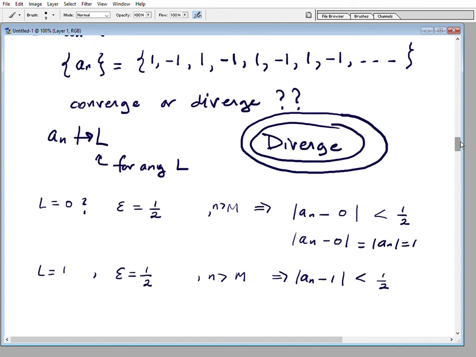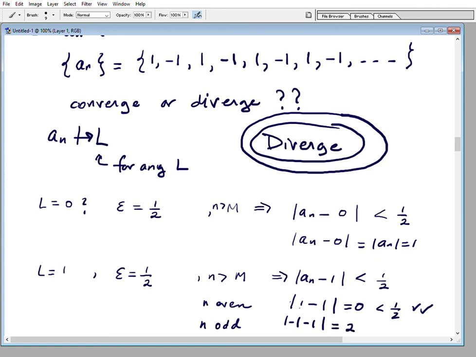If n is even, then we're good. We have 1 minus 1 equals 0, which is less than a half. Good. But if n is odd, then we have minus 1 minus 1.